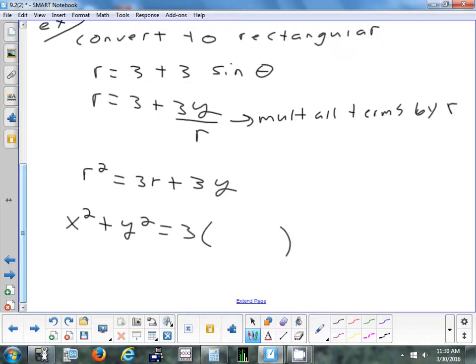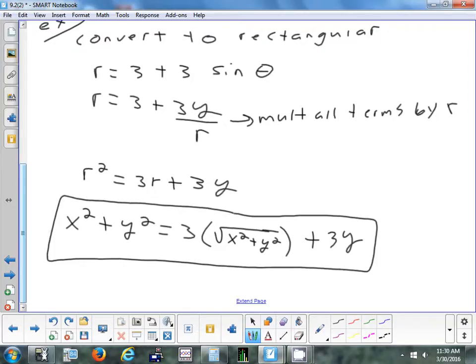Square root of x squared plus y squared. And what's still on the end? Plus 3y. Do I have any r's left in that? No. Any thetas? Nope. So that is now rewritten in rectangular.